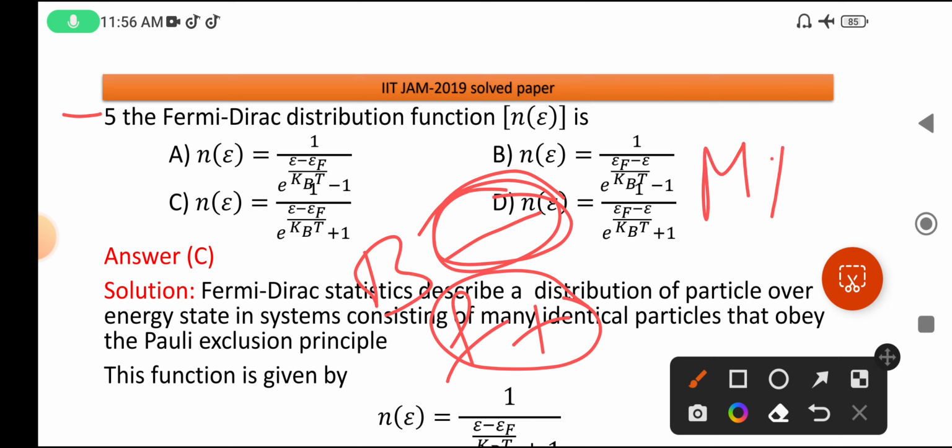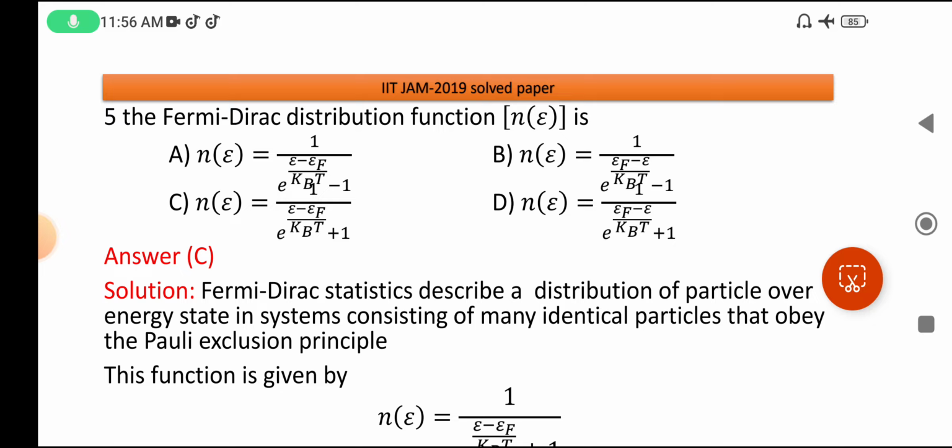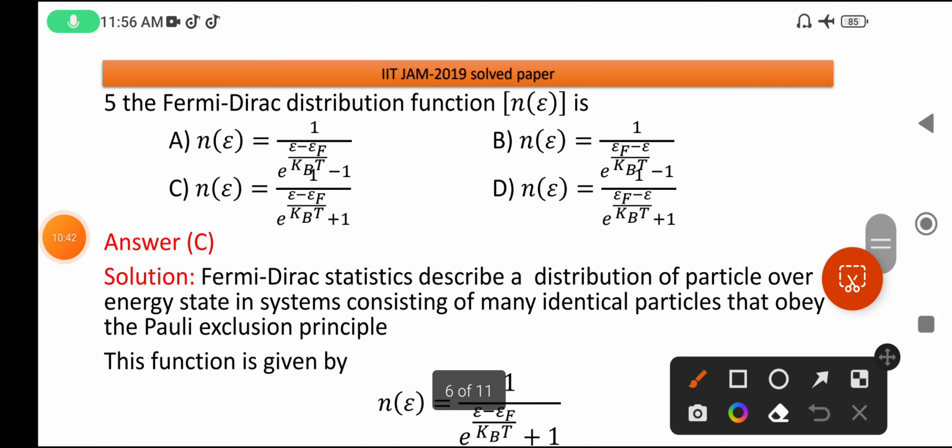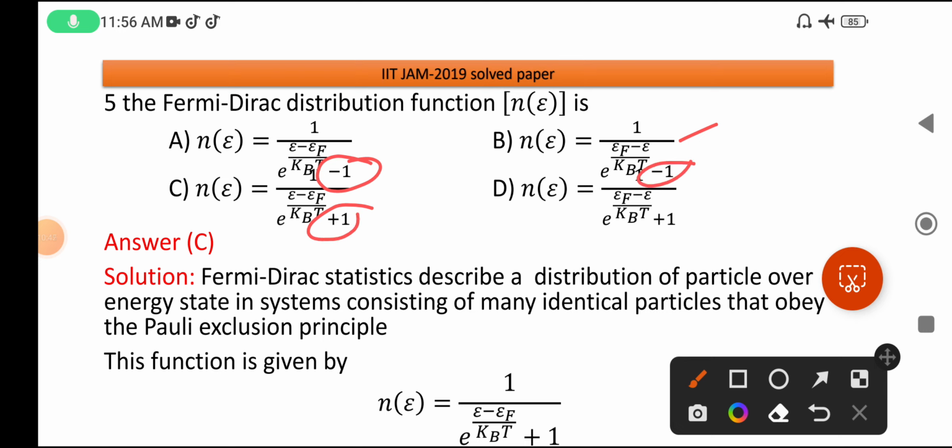For MB statistics you get neither minus nor plus. So we have to check where minus and plus appear. For everyone the formula is the same, but the minus 1 or plus 1 differs between Bose-Einstein and Fermi-Dirac.